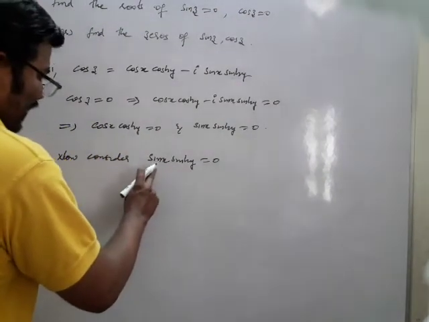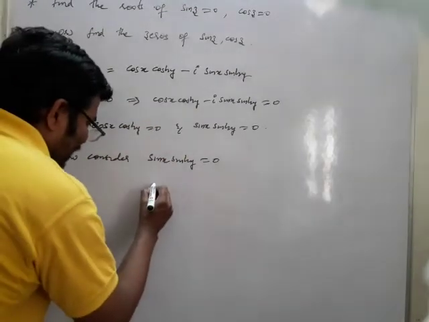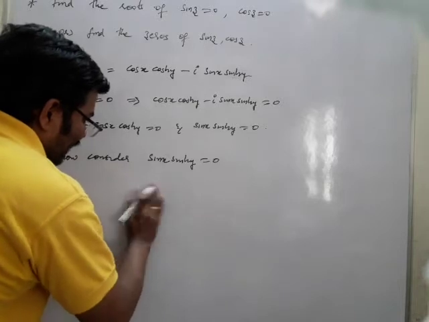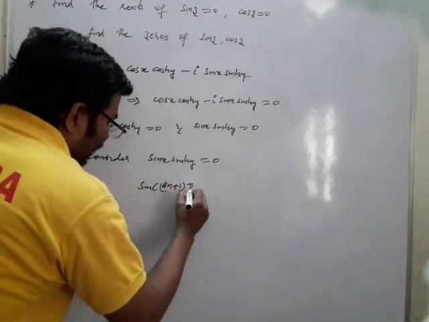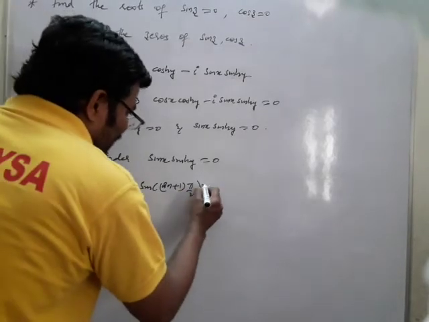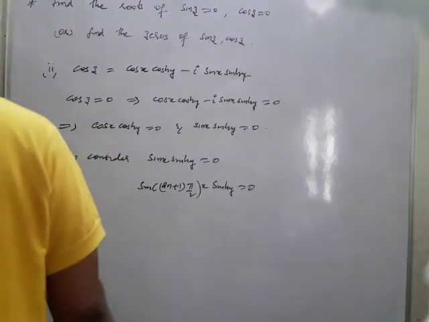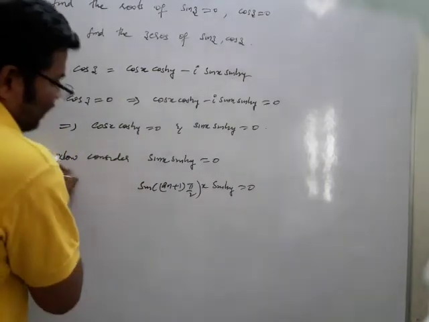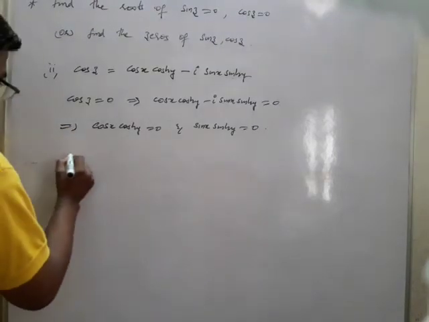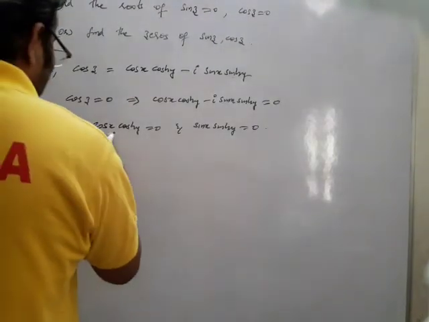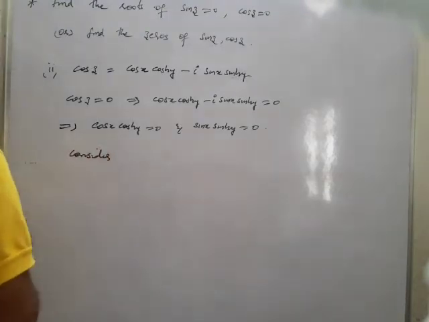When sin x is 0, I may take it as sin (2n+1)π/2 into x sinh y equal to 0. Okay, so before that we'll try to take it like this, so that it will be easy for us. Otherwise I'll consider this, so that we'll get the answer very easily.